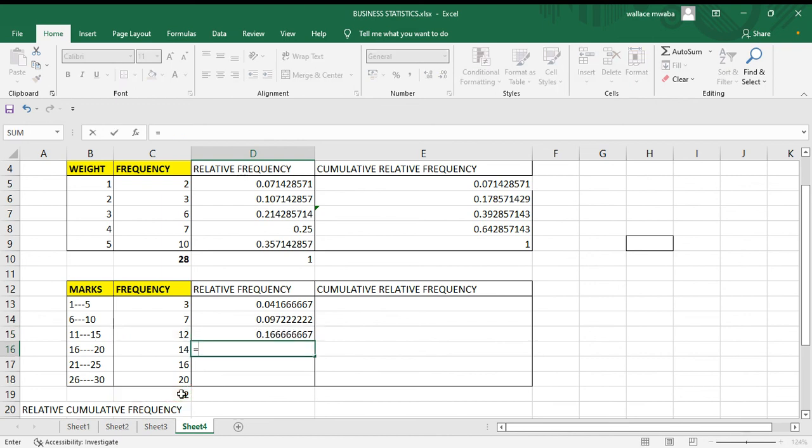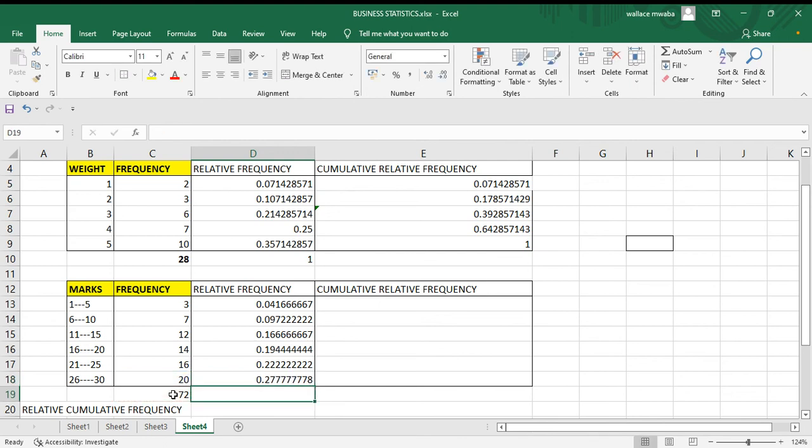0.166. We're going to say 14 divided by 72, 0.194. Then 16 divided by 72, 0.222. And 20 divided by 72, 0.2778.